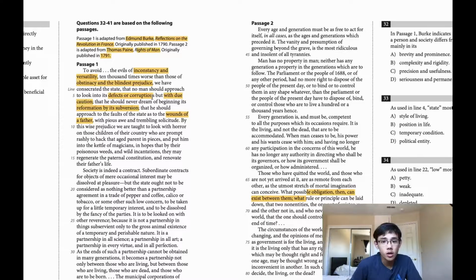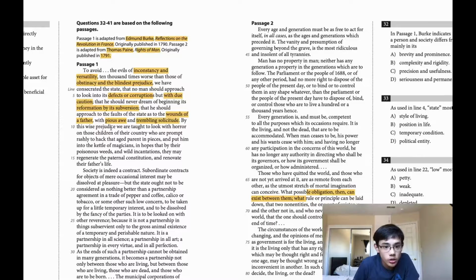We should never try to propose change by subversion or by destruction. We should never try to make a violent revolution, because this is extremely dangerous, or at least in the views of the author. Instead, we should approach the faults, the things we want fixed, as to the wounds of a father, with a pious awe and a trembling solicitude.